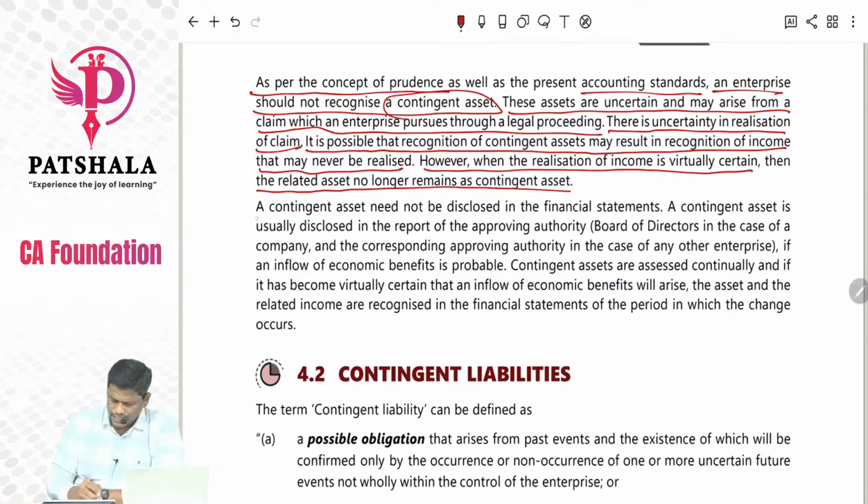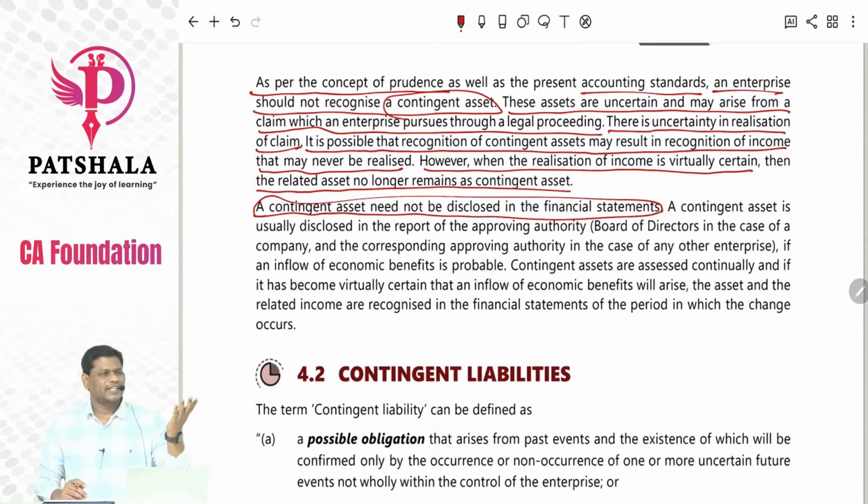A contingent asset need not be disclosed in financial statements. Why? Prudence said, if there is loss, worry; if there is income, why worry?